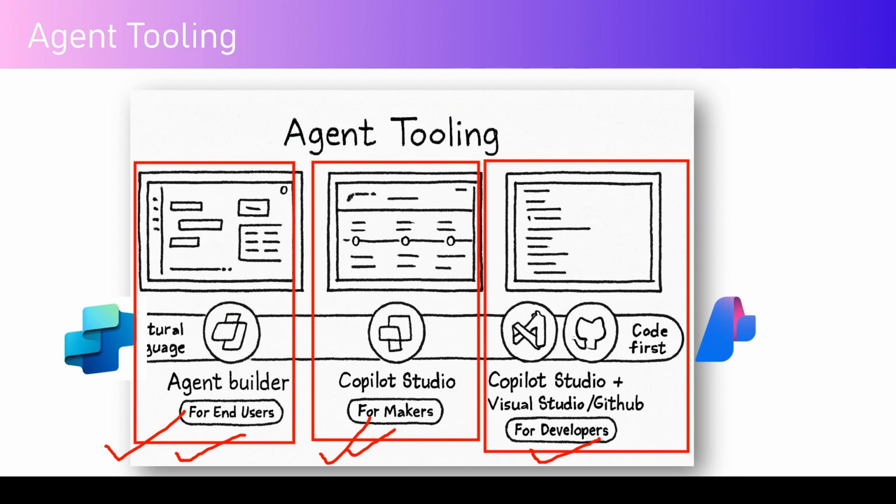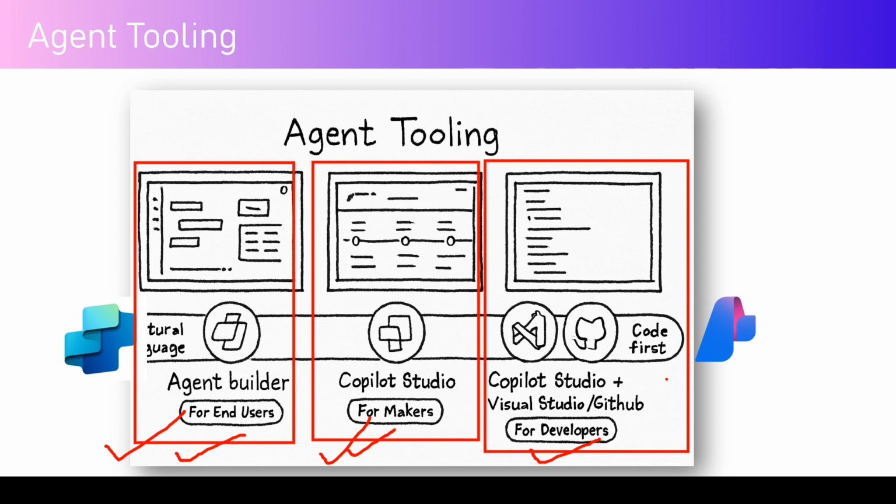You have an SDK, and core level detailed information which you can edit, configure, and manage using different toolsets. You can use Visual Studio, GitHub, Copilot Studio, and also Azure AI Foundry to build those agents. I'm going to explore all these different kinds of tooling within the Microsoft ecosystem.